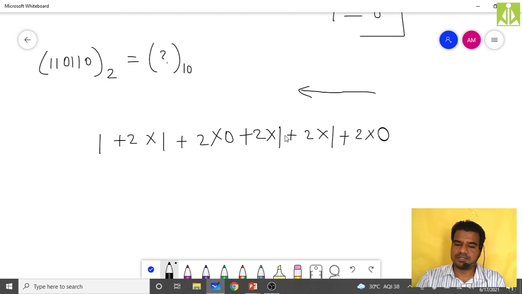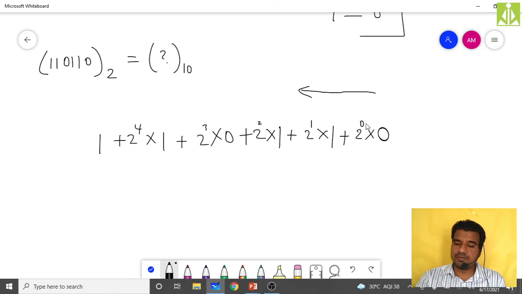Always start giving the powers from 0 onwards. Here you put 0, here you put 1, here put 2, 3, 4, like this. Now you evaluate this expression, you will get the result in decimal.